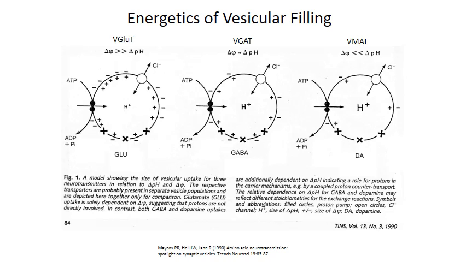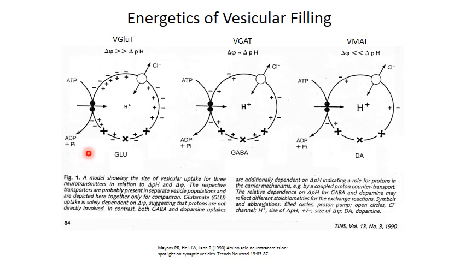All right, so we've got these two components of the driving force, delta psi and delta pH, and it turns out different vesicular neurotransmitter transporters utilize one or the other or both of these in their efforts to load neurotransmitter into the vesicles. If we look at the vesicular glutamate transporter, V-glut, it utilizes the electrical part of this, delta psi, much more than it does the pH gradient.